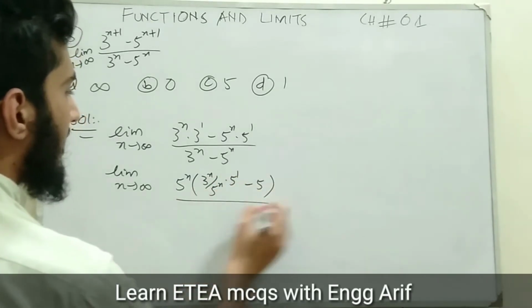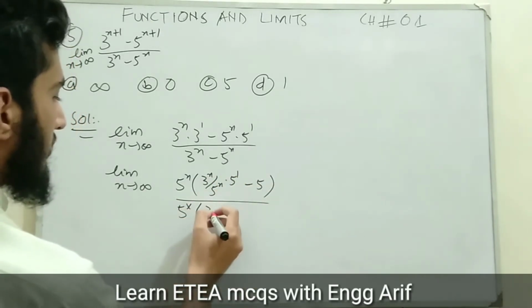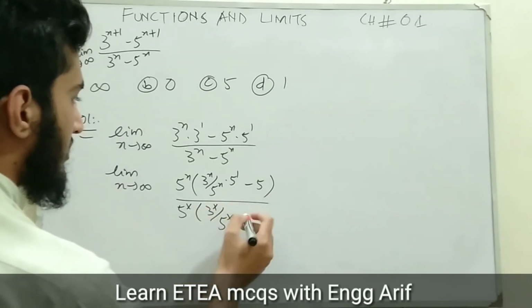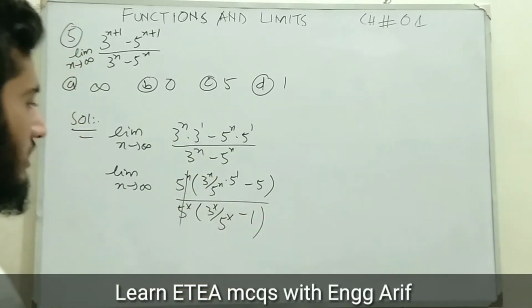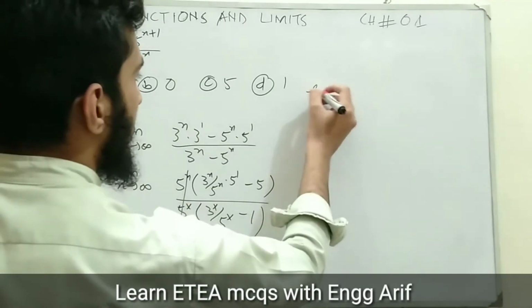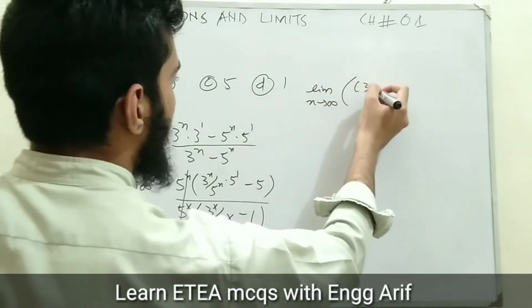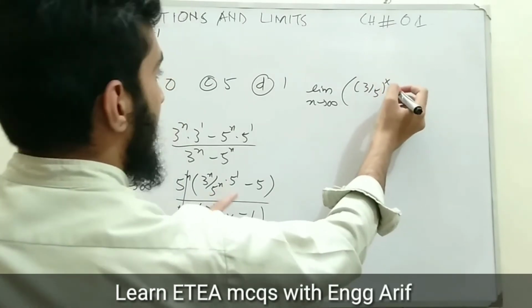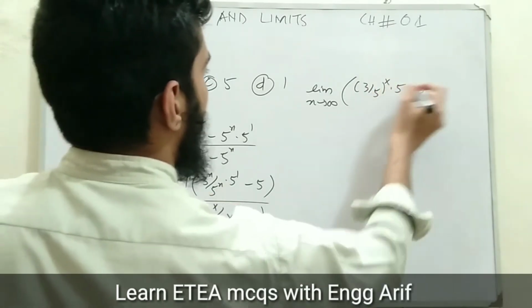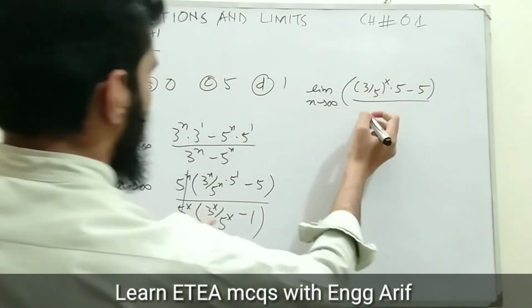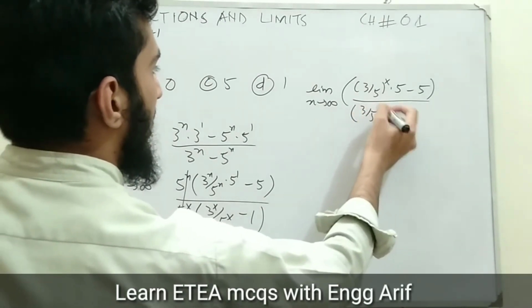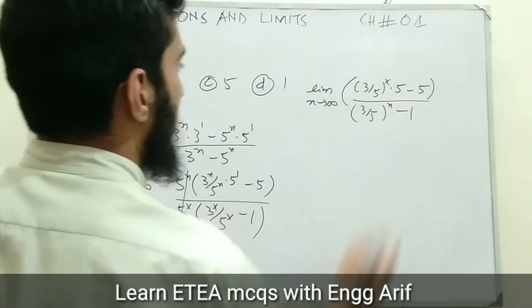In the denominator, by taking out 5^x common, we are left with 3^x divided by 5^x minus 1. They are cancelled with each other. We can write it as limit x approaches infinity, (3/5)^x times 3 minus 5, divided by (3/5)^x minus 1.